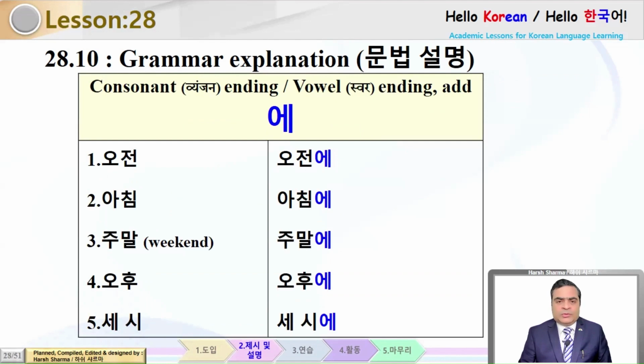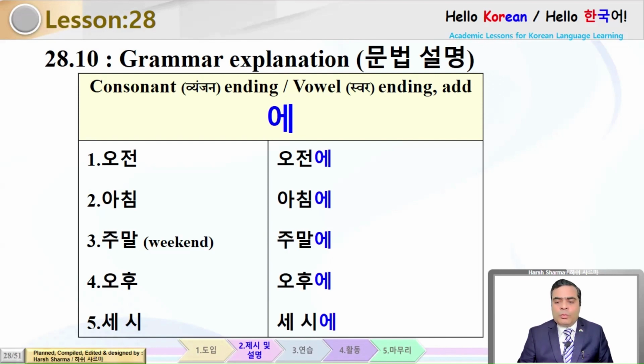Now see the conjugation, how the conjugation will happen. For any time noun, whether there is a pachim or there is no pachim, it doesn't matter. Just select any time noun from Korean, add A with it. Number 1, see ojon, ojon has the pachim, ojone. Number 2, achim, achim again has the pachim, achime. Number 3, jumal, meaning weekend, jumare.